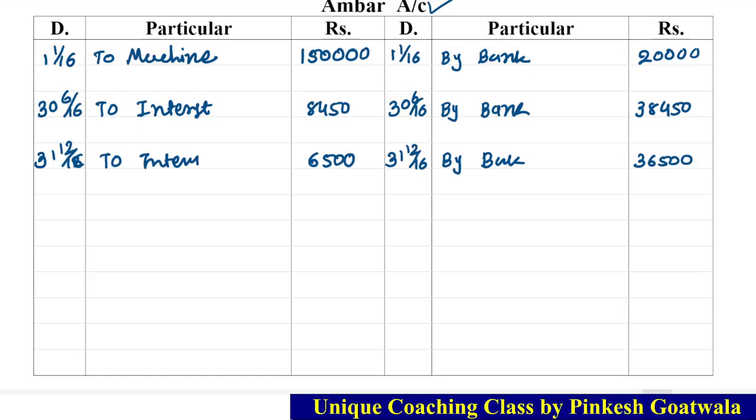So now close the account. The year is over, so we will close the account. 38450, 36500. So here the total is 94950, and on this side the total is 150, 8450, 6500. The total here comes 194950.